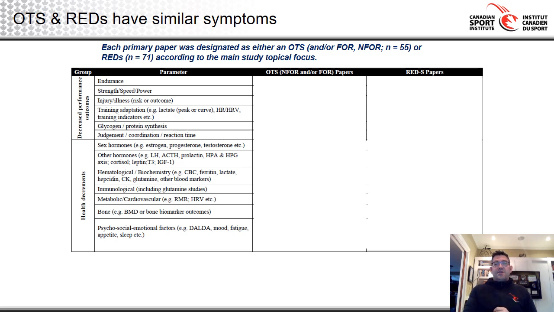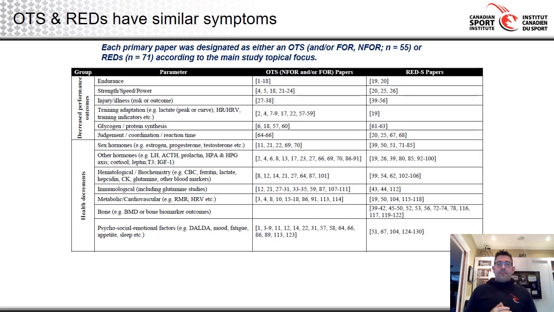And what you can see here is across the board, whether the paper is an overtraining or REDS paper, they're all reporting similar performance outcomes or decrements as well as health decrement outcomes. Perhaps the one major difference is that most of the REDS or triad papers tend to focus more on deleterious bone outcomes, while overtraining papers do a little less.